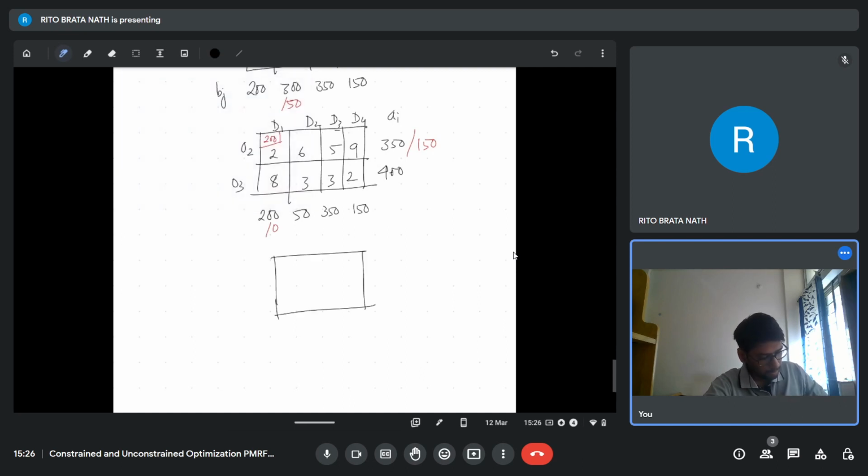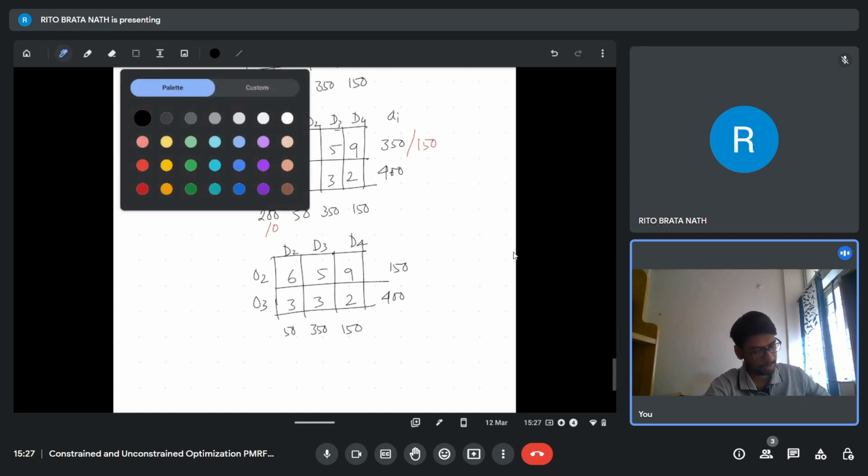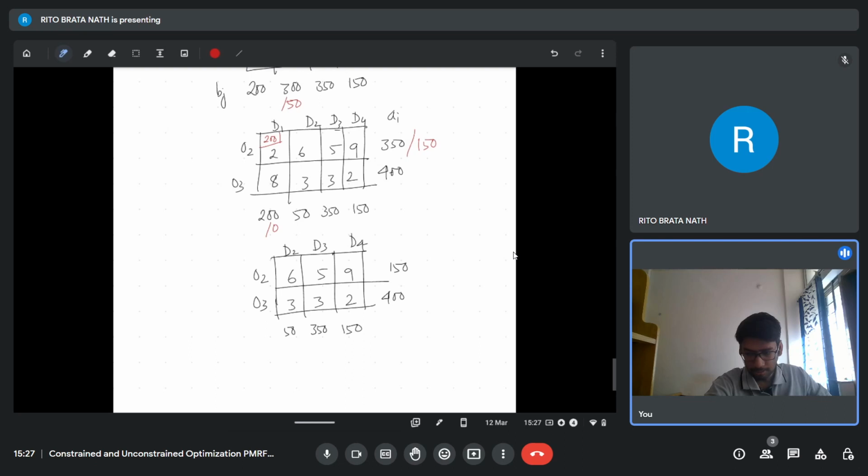You're left with 659, 332, 150, 400. This is 50, 350, 150. And the minimum occurs at this one where there is another 2. And you can allocate 150 there. This becomes 0. This becomes 250. And you can delete the last column.